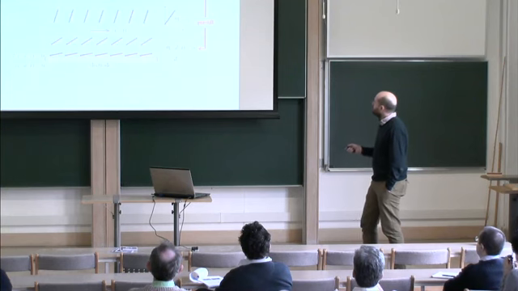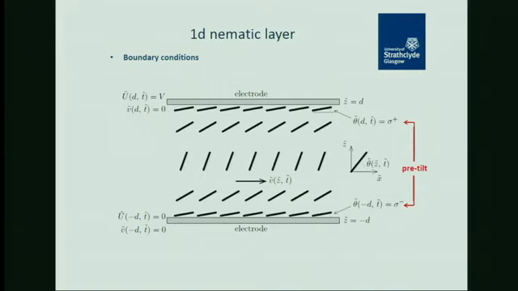Okay, boundary conditions on theta: I'm going to show you a case where we have a pre-tilt condition. In the cases I'm going to consider, the angles sigma plus and sigma minus are small. The experimentalists or technologists can prepare the substrate such that the director is fixed at an angle sigma plus on one and sigma minus on the other substrate.